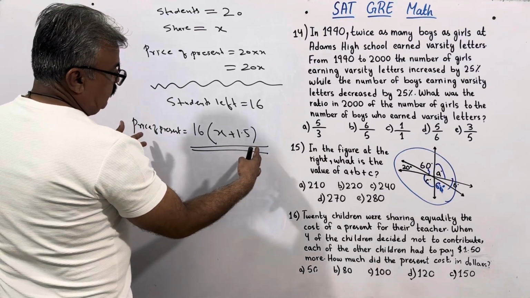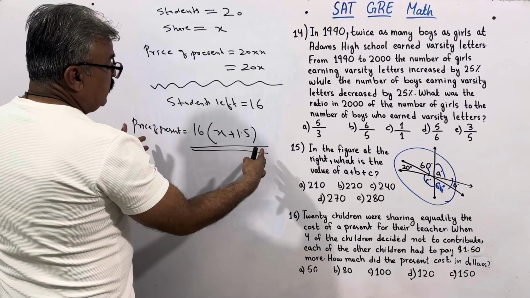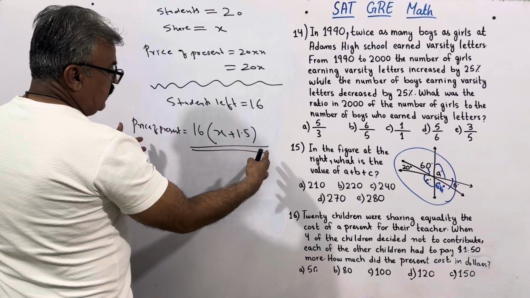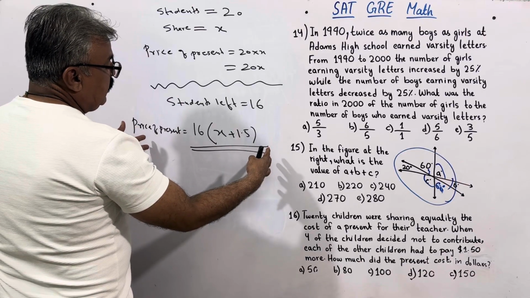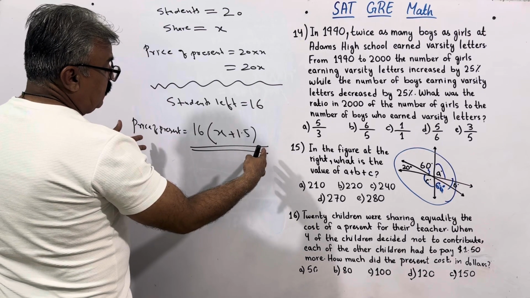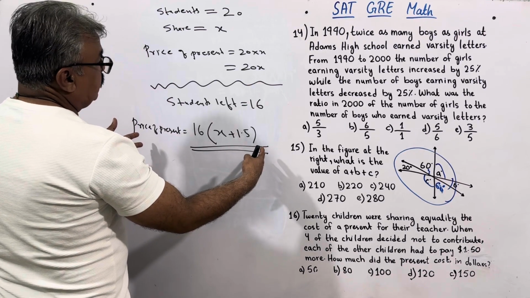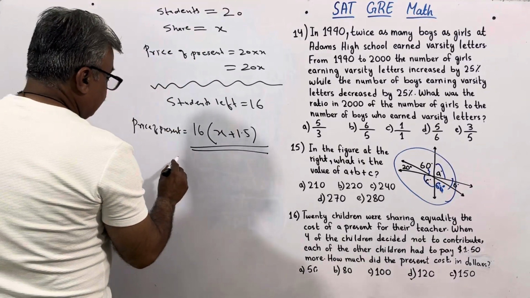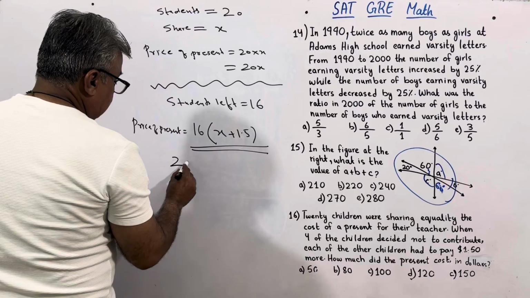This is the same price of the present, when 4 students backed off and chose not to contribute. So the price remains the same in both cases.